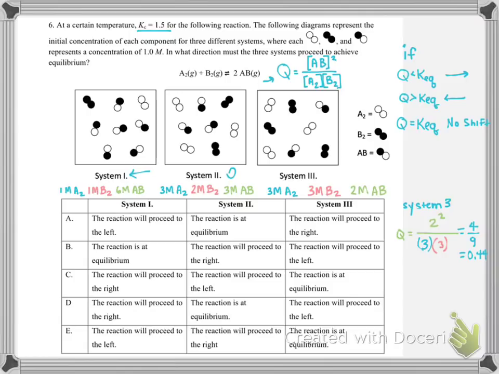Fractions with 9 are my favorite. Okay. So our 0.444 is less than the K of 1.5. So that means we have too many reactants, and the reaction will shift to the right. Okay, and it looks like A is the option that matches what we decided.